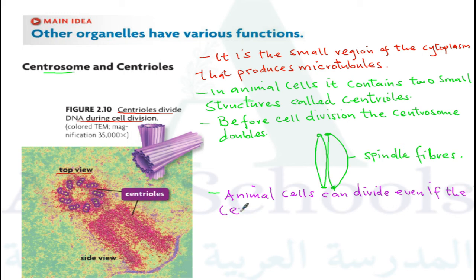So the belief that the centrioles must be there for an animal cell to divide has been displaced by research. Although centrioles are found in some algae, they are not found in plants.